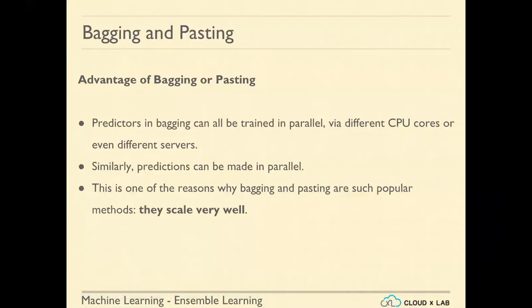A complex algorithm versus an ensemble: generally the advantage is that in an ensemble you can use multiple cores, while the individual algorithm may not run in parallel. Therefore, mostly the ensemble algorithms are generally faster, and ensembling generally gives you better results. What you do is train all the algorithms in parallel, use their predictions in parallel, and then aggregate the value.